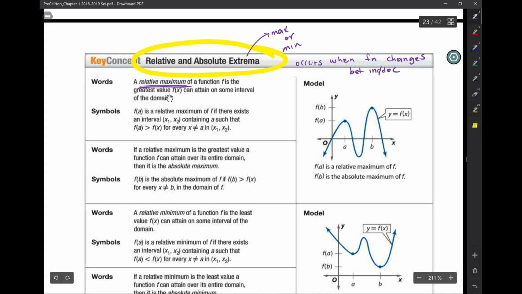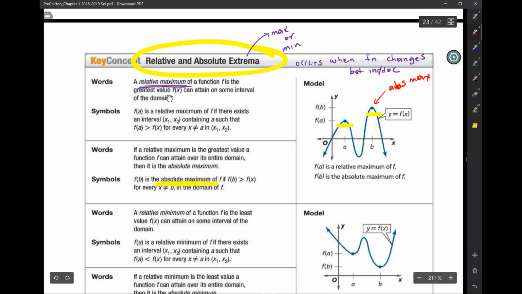An absolute maximum is the absolute highest value among all of the maxima. So these here and here are relative maxima. Which one is the absolute maximum, the one on the left or the right? The right. The one on the right is the absolute maximum.